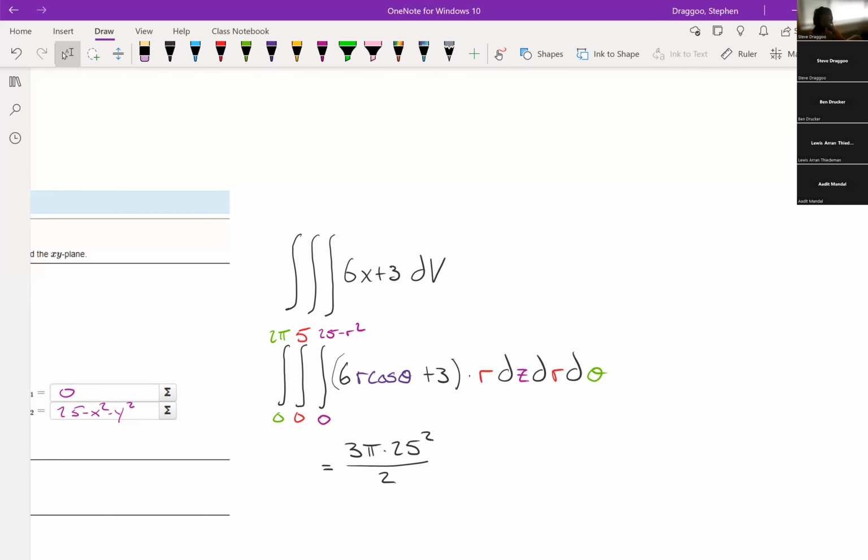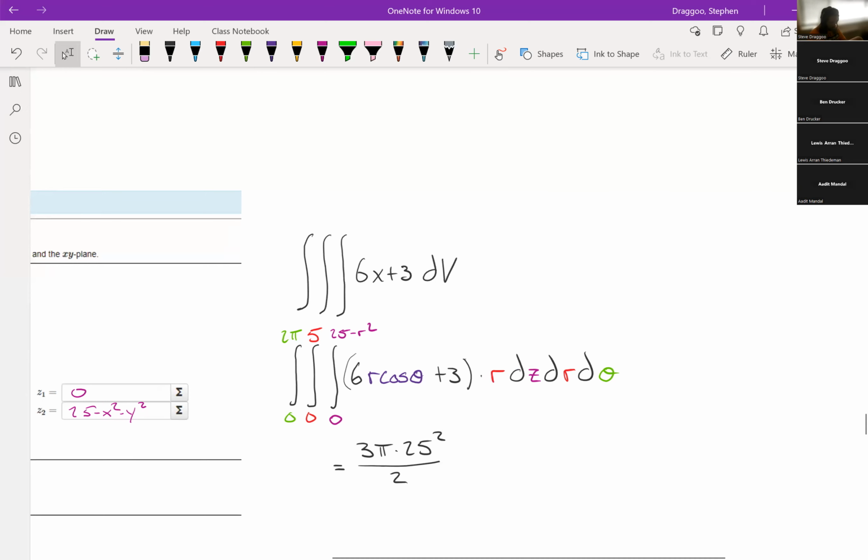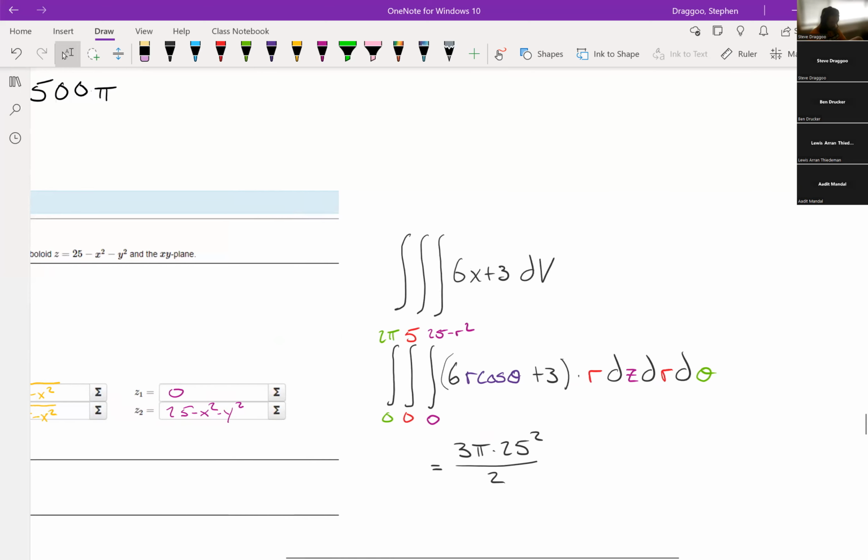And then we have a circle of radius 5, so we integrate r from 0 to 5. We want the full circle, so theta is 0 to 2 pi. I integrated that and got 3 pi times 25 squared over 2. And that's probably all we need to do there.